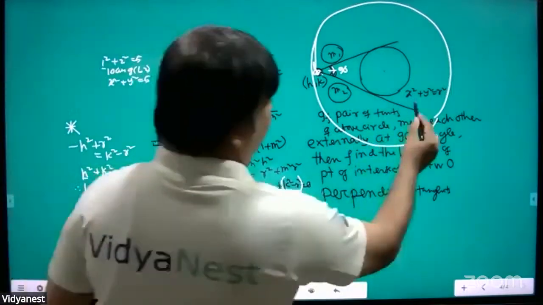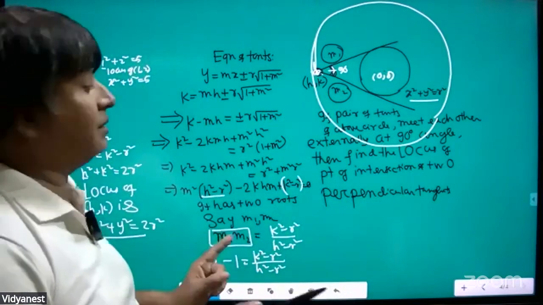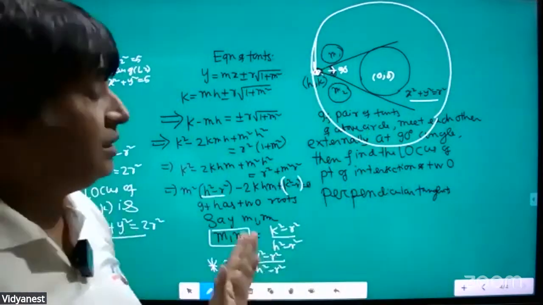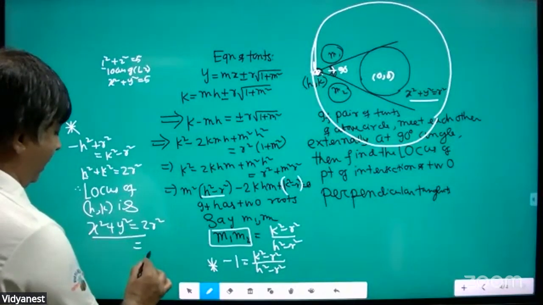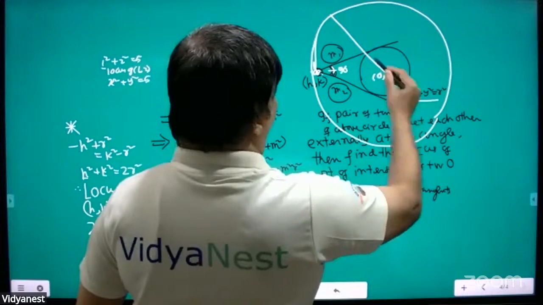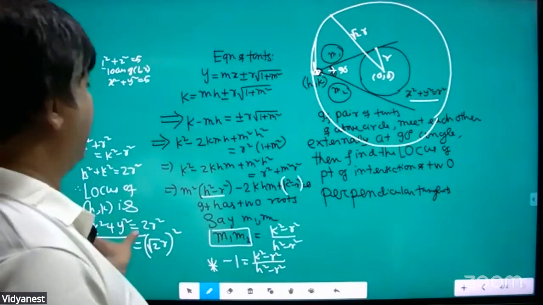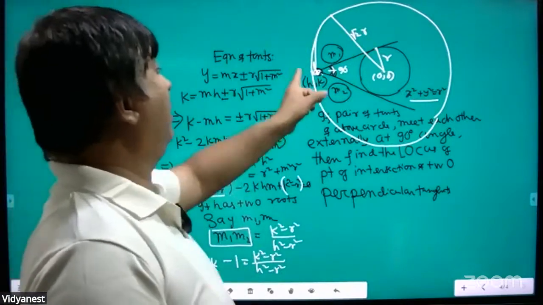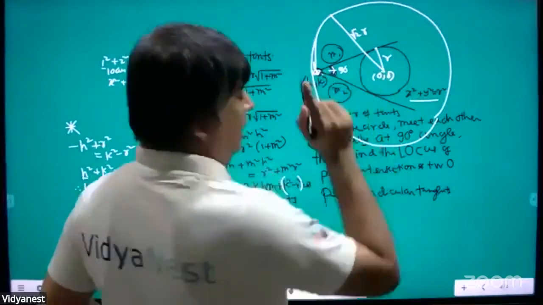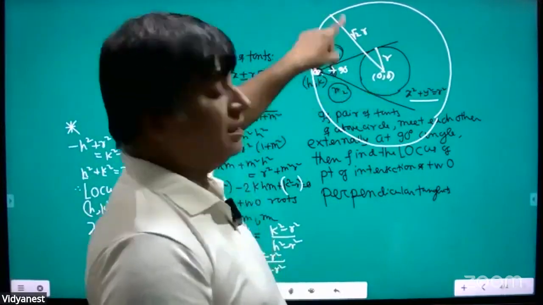You see that the original circle has center (0, 0), and this circle on which this point lies also has center (0, 0). So one circle lies inside the other. Now the question is, which is the bigger circle? See, what is its radius? Root 2r whole square, right? Yes sir. Meaning if this length is root 2, and this length is only root 2r, this is only r. So the circle obtained from the point where perpendicular tangents meet is bigger than the original circle. And as both of them have the same center, they are called concentric circles. So this original circle will go completely inside this circle. Okay?